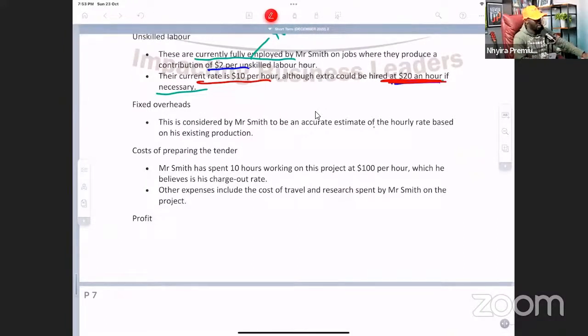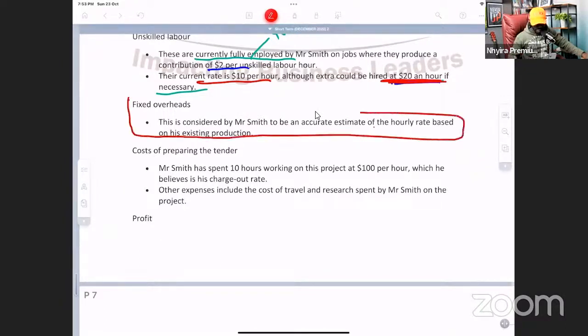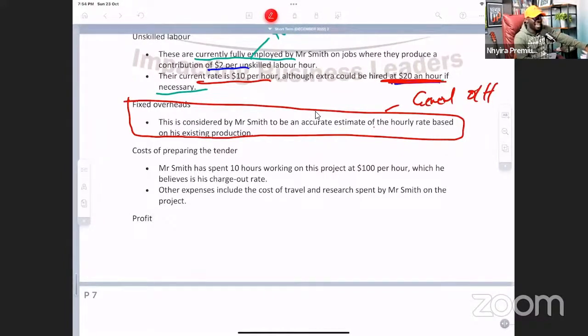This is considered by Mr. Smith to be an accurate estimate of the hourly rate based on his existing production. Now, that means this is more or less like a general overheads. They are fixed overheads. They are not being incurred as a result of this particular project.